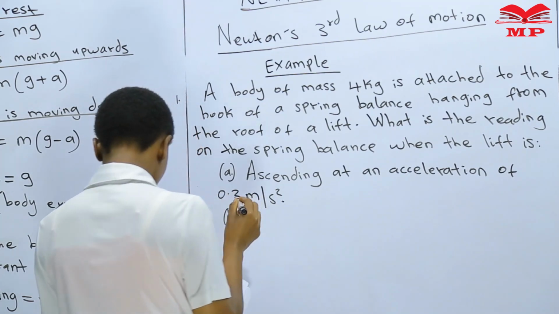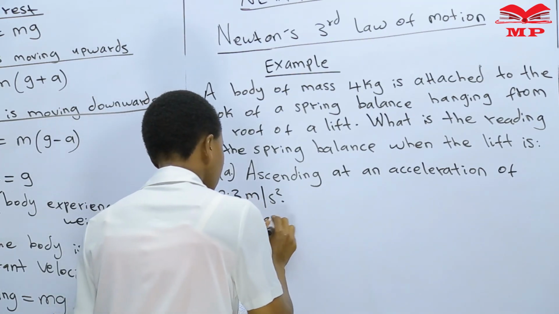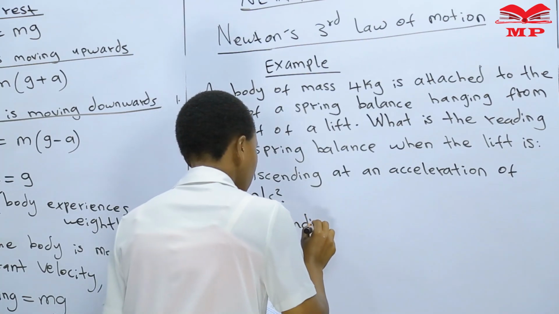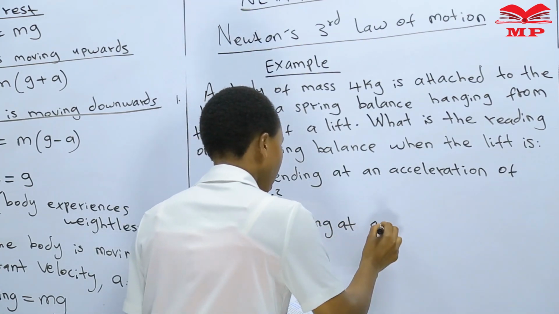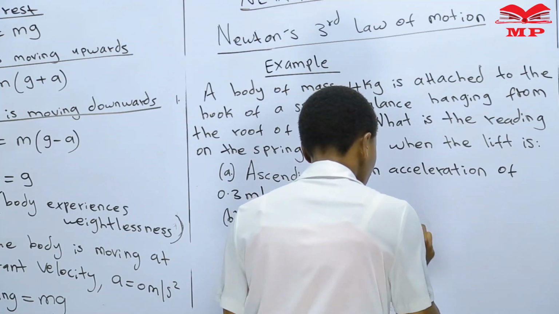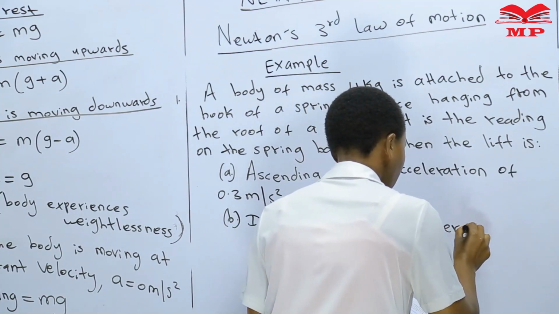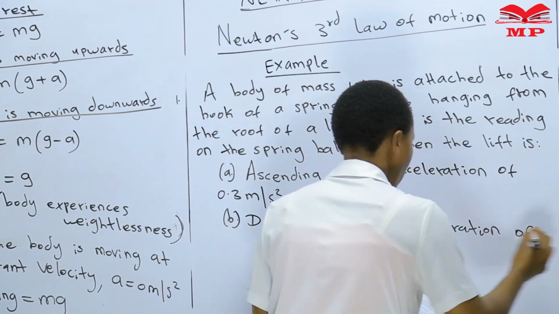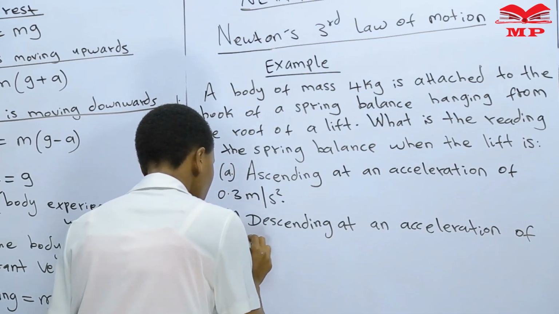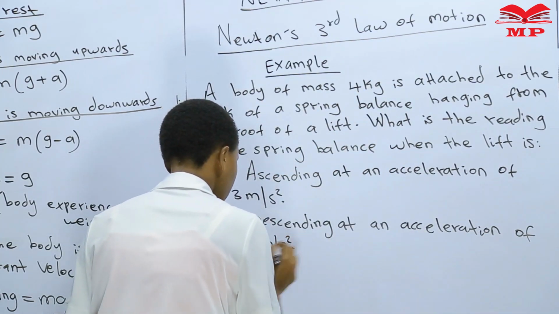Then number B, when it is descending at an acceleration of 0.2 meters per square second.